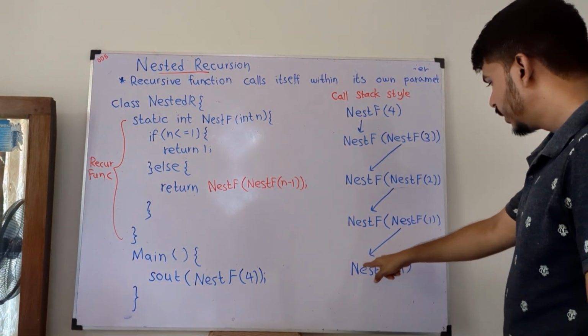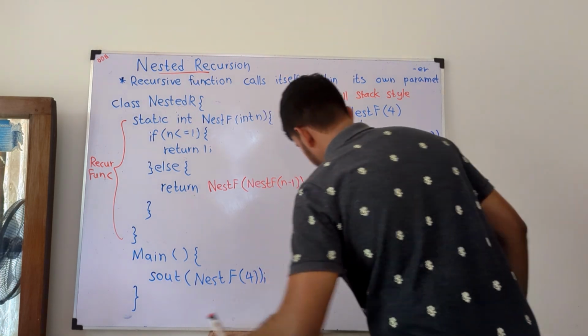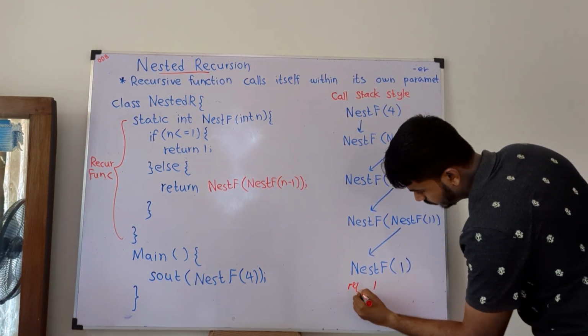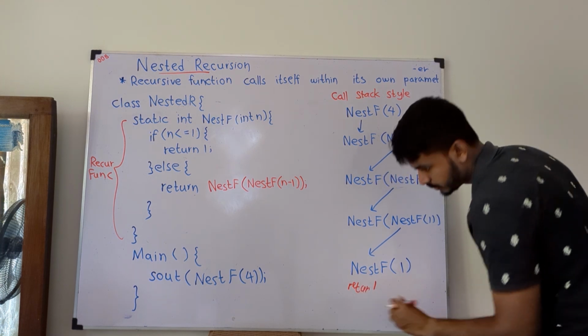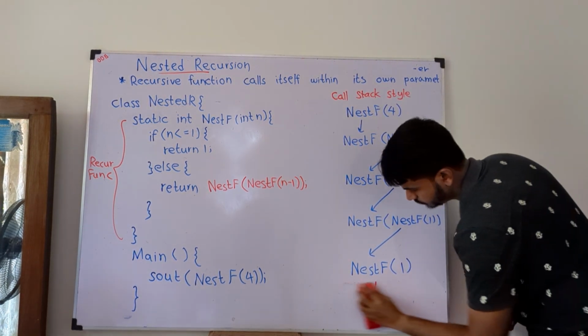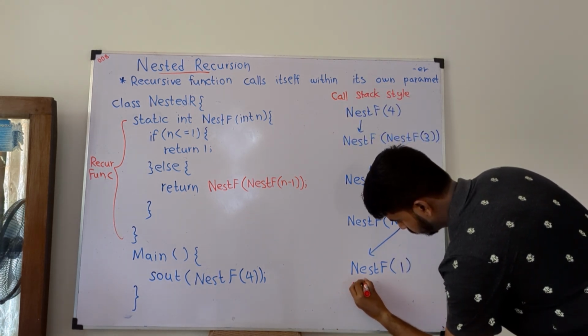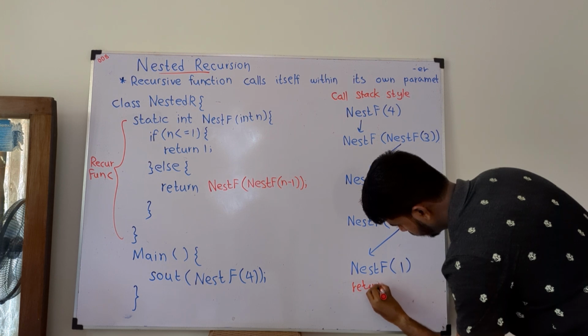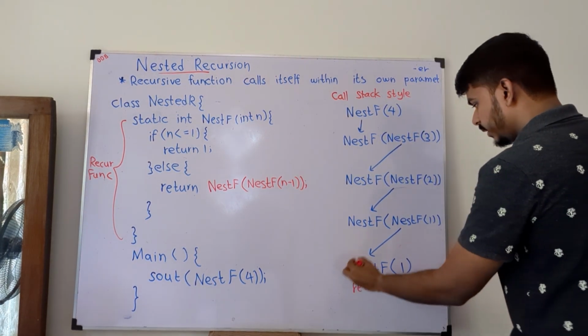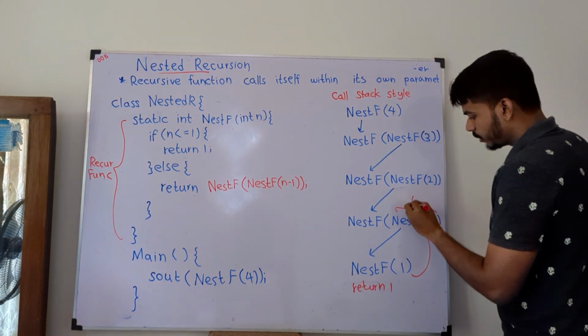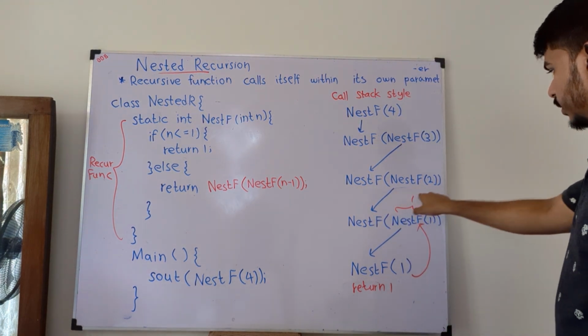Here you can see the value we're going to be returning is 1. Then that return value is going to be used as the argument for the outer call. So this ultimately becomes nestF(1).